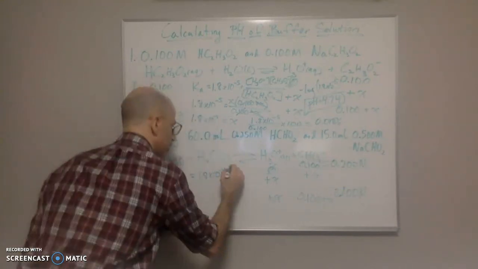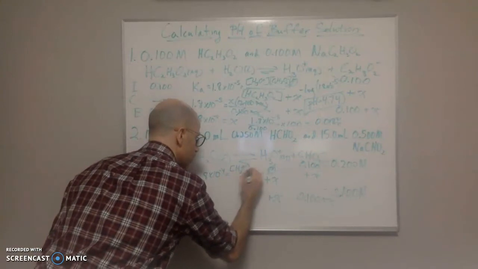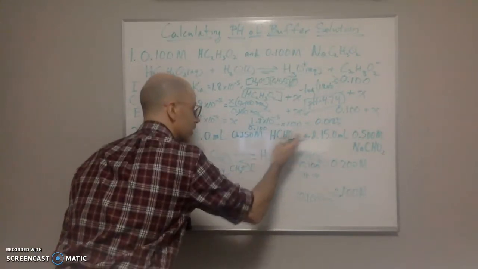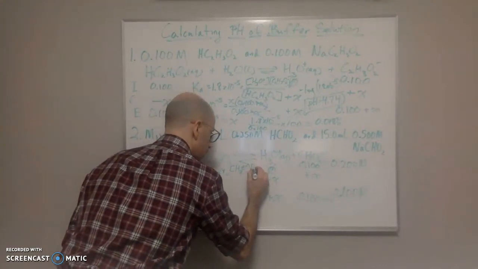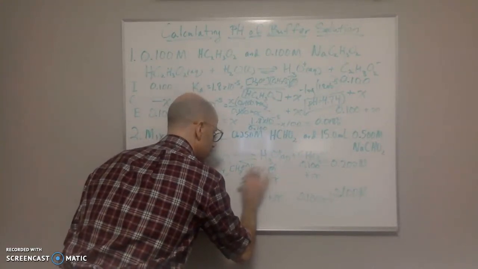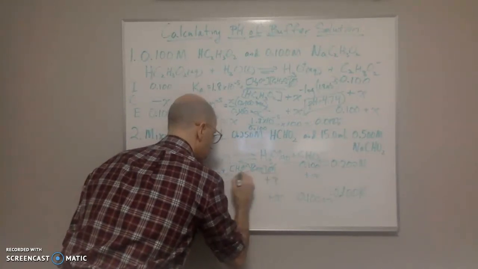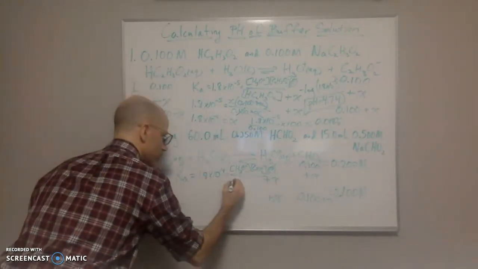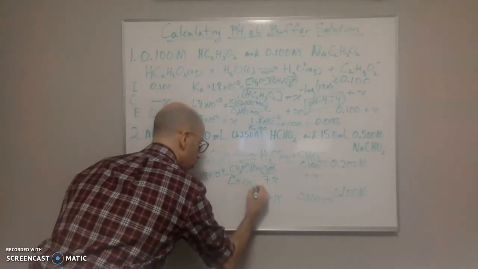Again, this is equal to the concentration of H3O plus times the concentration of CHO2 minus over the acid, the concentration of HCHO2.